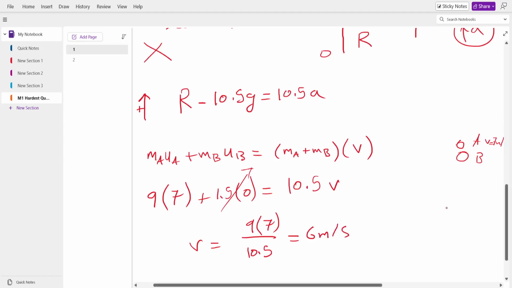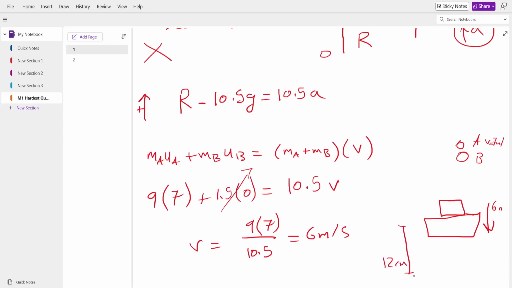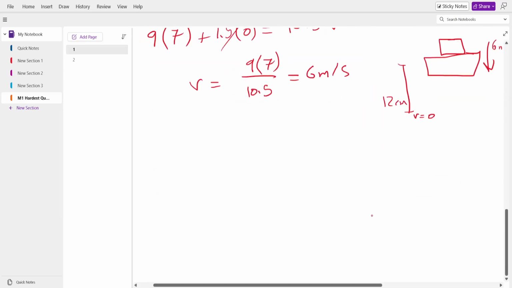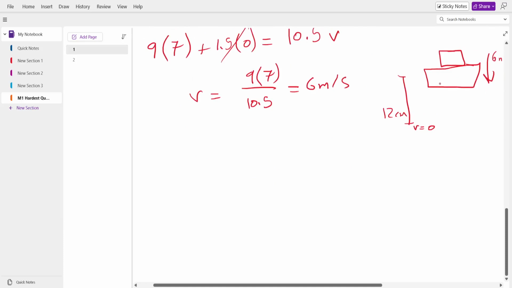So what happened here is after the collision, both blocks are now moving with a speed of 6 meters per second for a distance of 12 centimeters, and my final v is 0 meters per second. So now I can start to use my kinematics equations for this scenario.